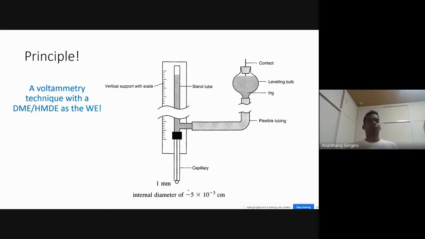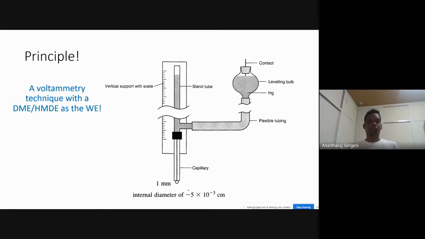So they form an amalgam, which we have learned in our school days. So it basically gives us a way to study the electrochemical reduction properties of metal ions that cannot be studied with any other electrode. So that is the most beautiful thing about the dropping mercury electrode, or in general the mercury electrode.